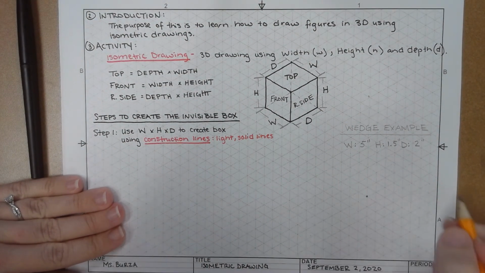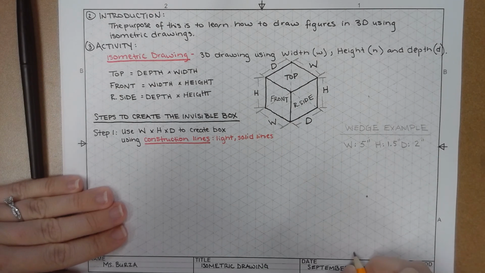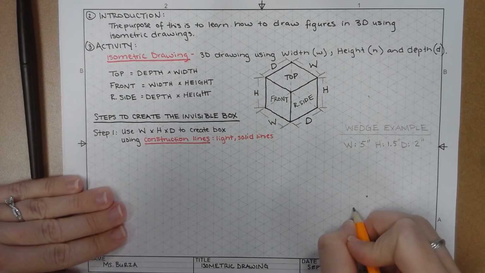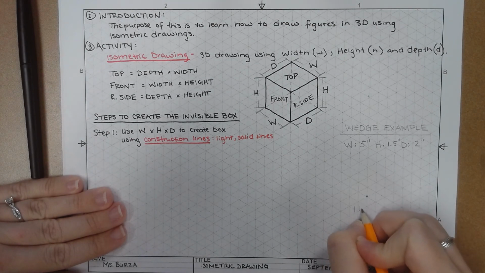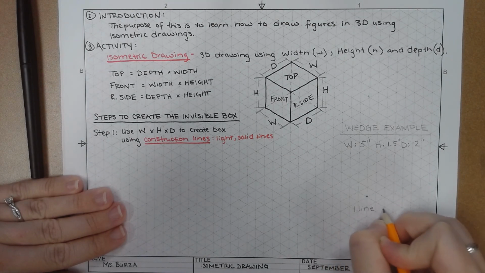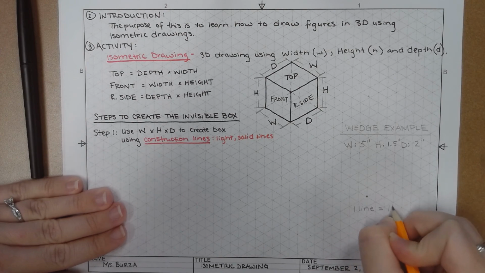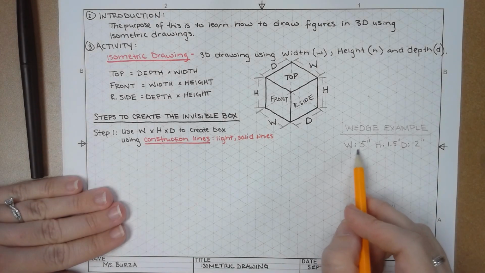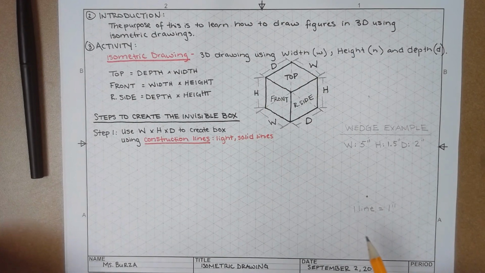So for every one line on my drawing equals 1 inch for our dimensions. Let's use that scale.